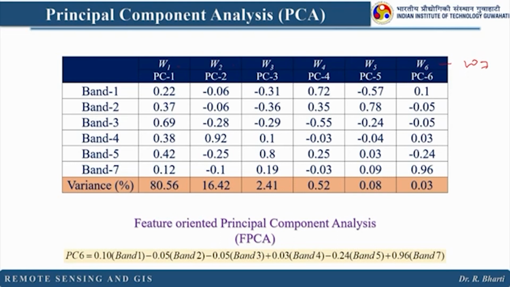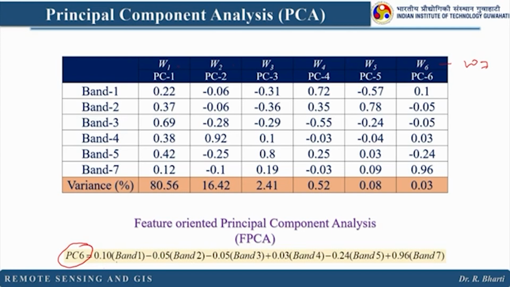So this is one example with band 7 as input: 7 bands as input and the output will be PC1, PC2, up to PC7, 7 output principal components, and out of these, principal component 6 has this composition.